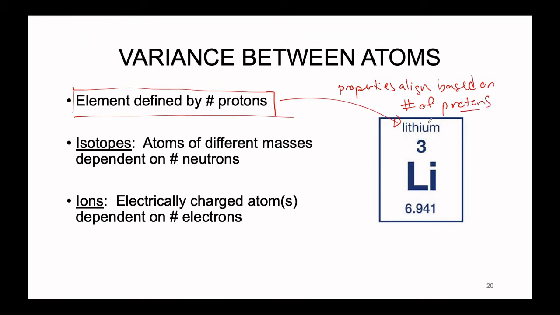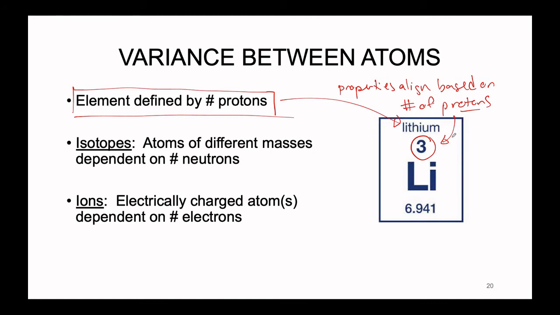A lithium atom has 3 protons. The number of protons inside of an element is equal to the atomic number displayed on the periodic table, so we can use this as a one-to-one correlation to figure out how many protons a certain element has.